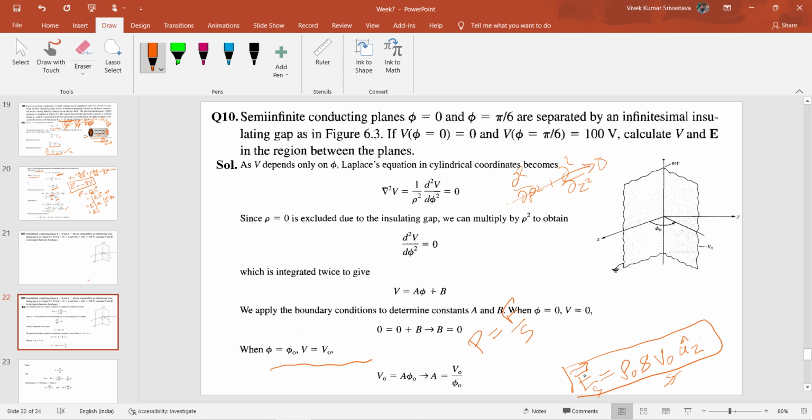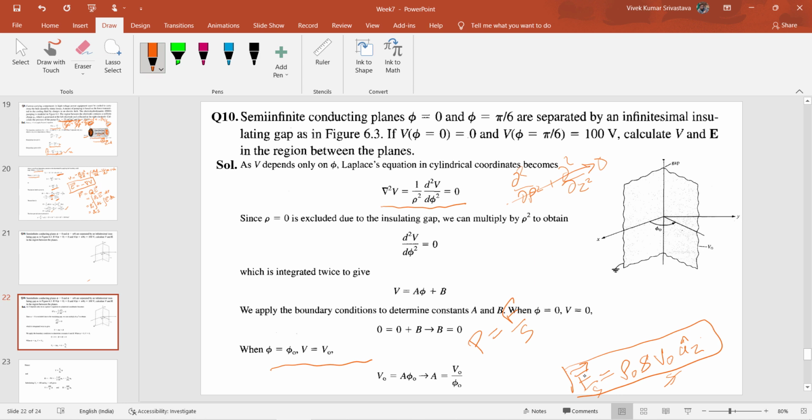So this can be defined as 1 by rho square d square V by d phi square equals 0, which simplifies to d square V by d phi square equals 0.